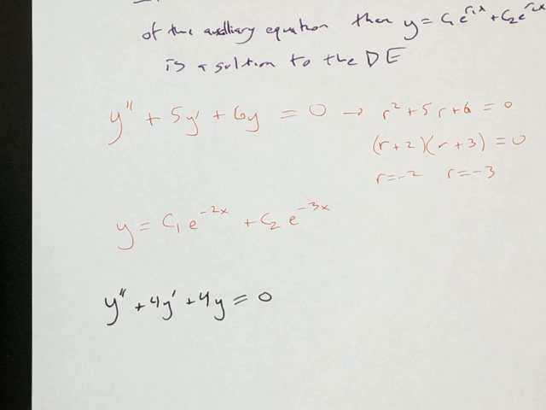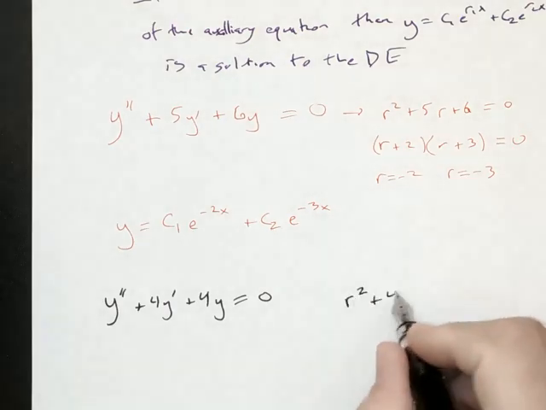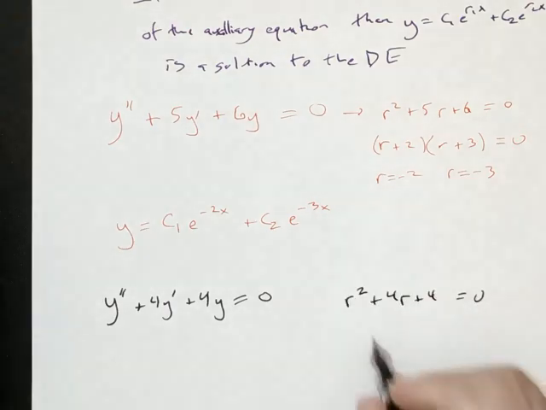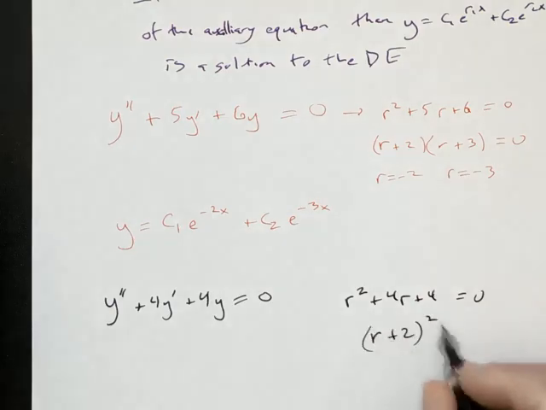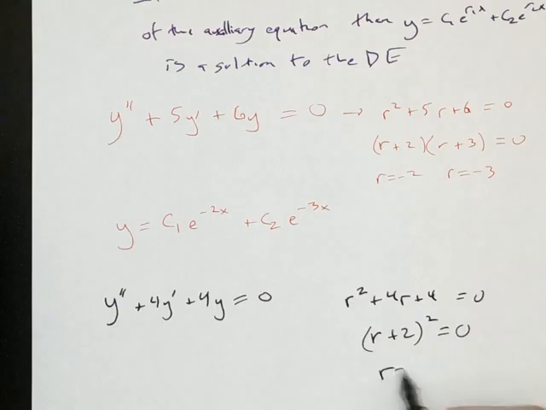Tell me where that happens. Yeah, the problem here is that I don't get two different roots. I only get one. And I can't use the same e twice.